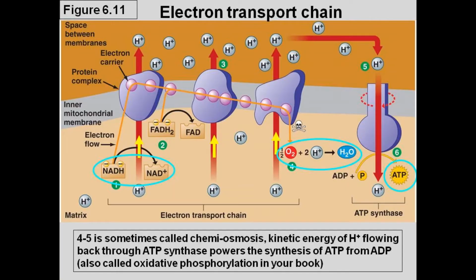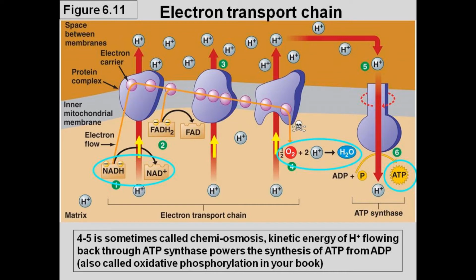NADH is split into a hydrogen ion, just H+, and 2 electrons. Now those electrons are captured by these electron transport complexes embedded into this membrane of the mitochondrion. It's passed through several of them, and then the electrons are recaptured in the formation of water. That's your byproduct. What's more important though is what the hydrogen does.